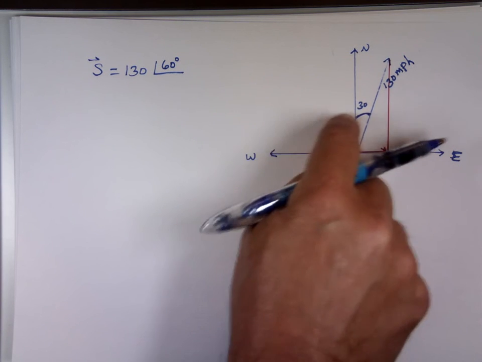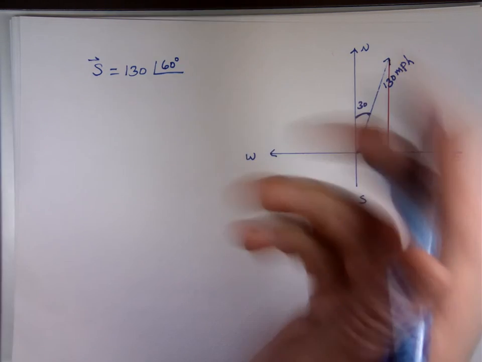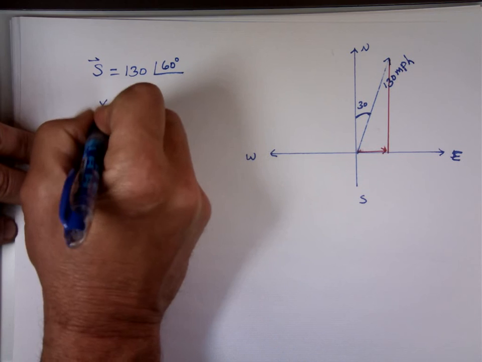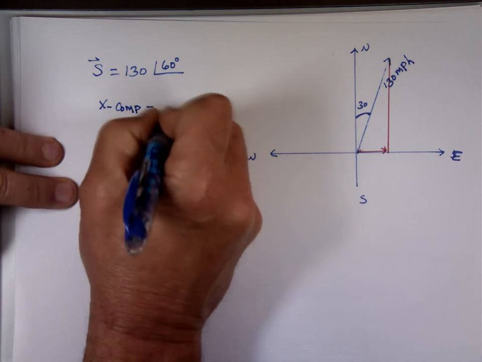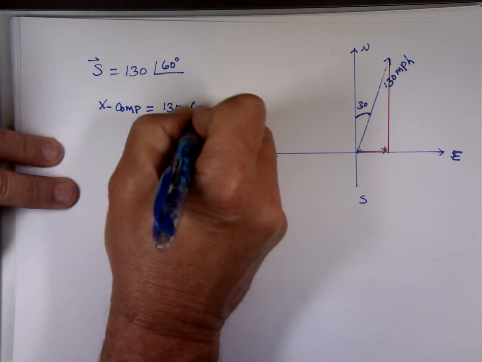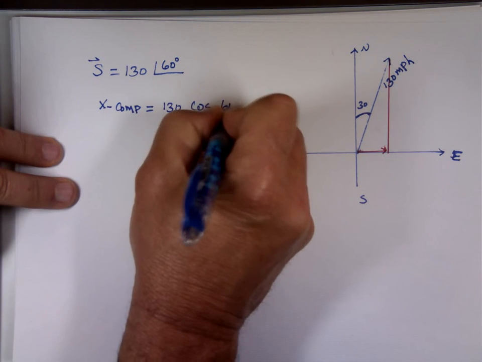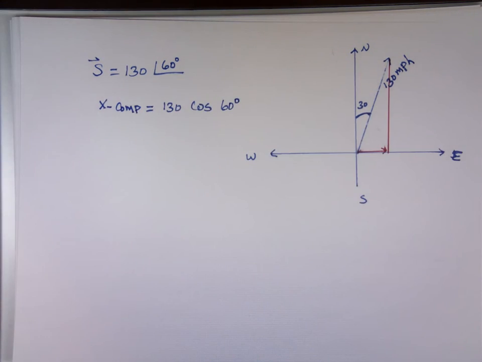Then the x component is going to be 130 cosine 60 degrees, which is 65 miles per hour.